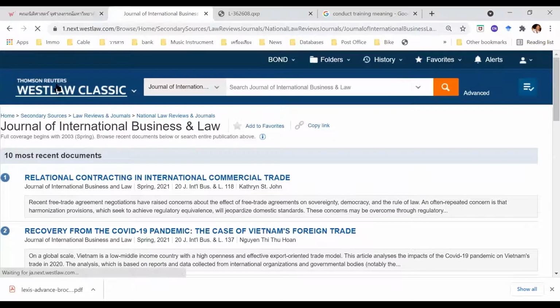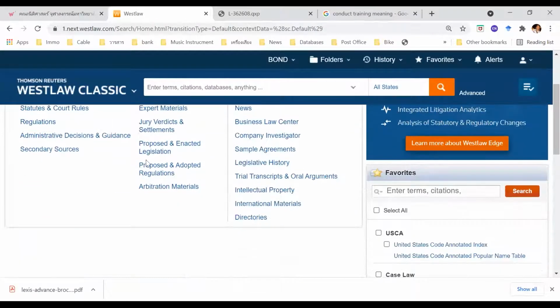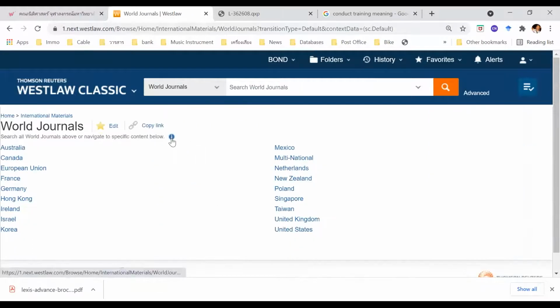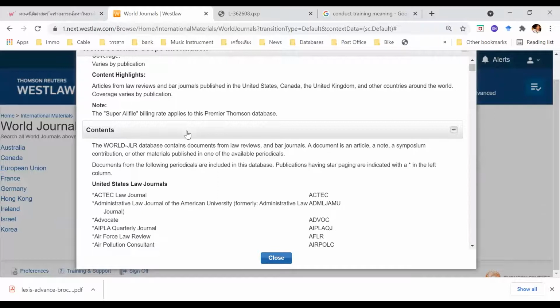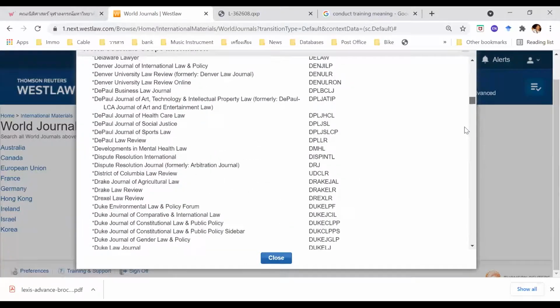Just go back again. Start with secondary sources again, back to World Journals again. Start with I again, and look for the list of journals and law reviews. Open it and scroll down.